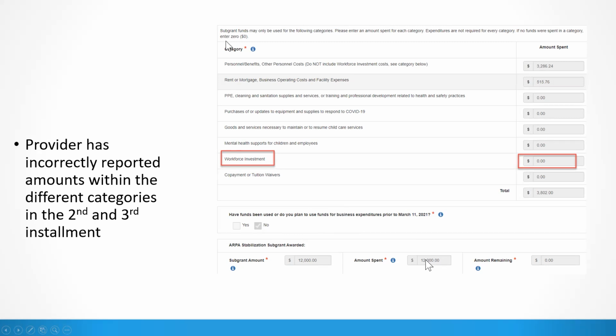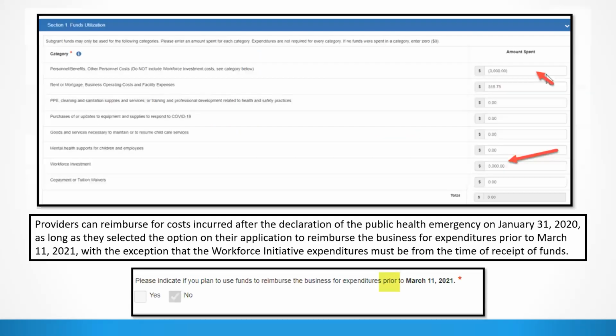But when I went back to my second and third installment, I noticed that I had zeros under the word investments. So what I'm going to do now is balance out the amounts, because I noticed that I reported my $3,000, which is the 25% of 12,000, under personnel and benefits. So I'm going to enter negative $3,000 in personnel and benefits, because that money doesn't belong there.